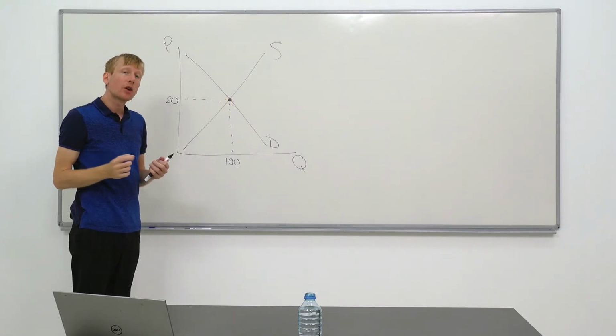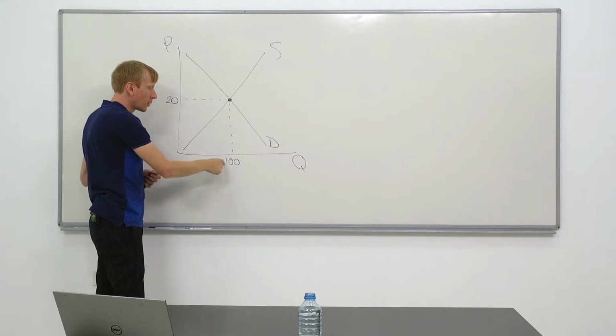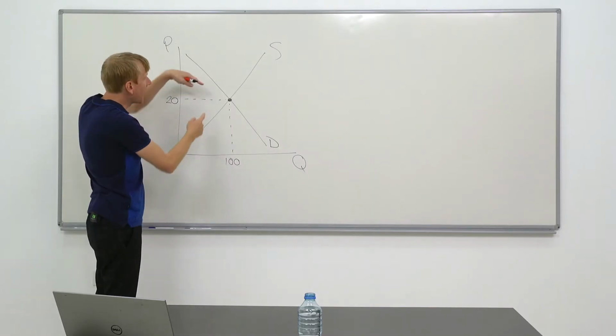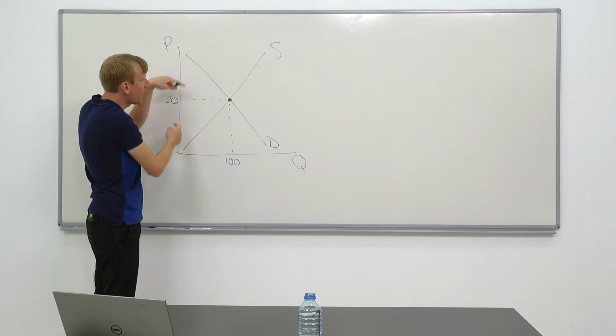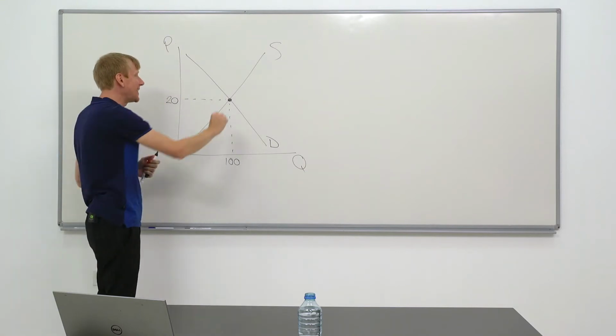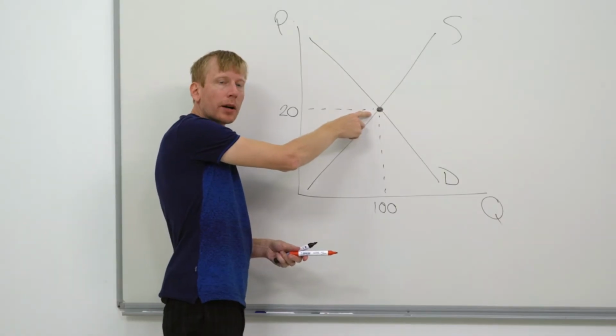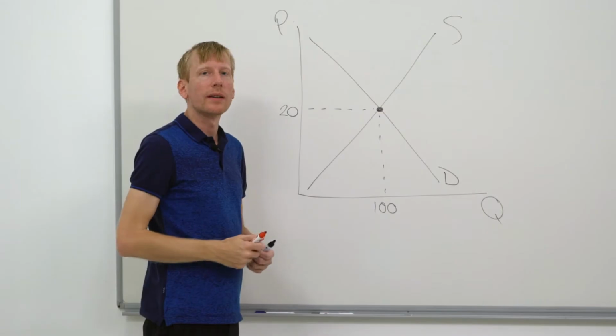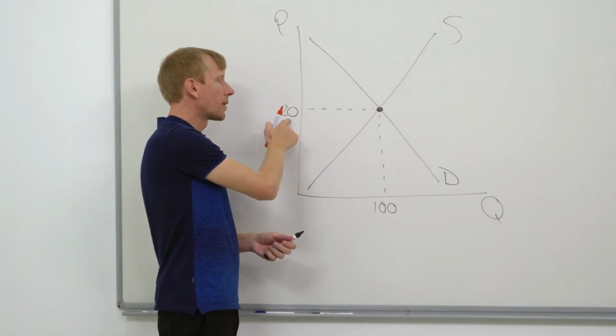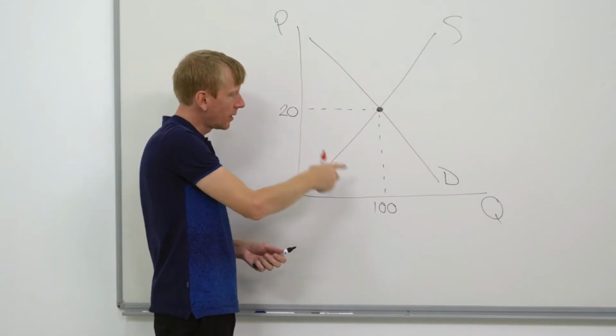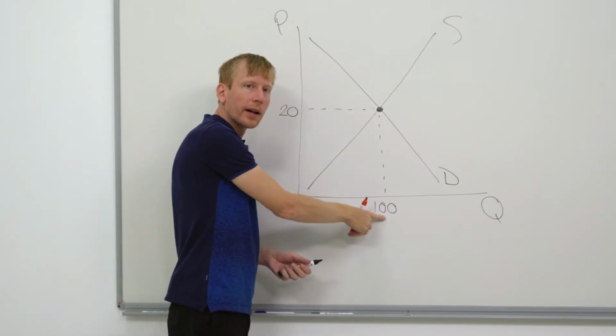So we'll need to find the quantity along the horizontal axis where the gap between demand and supply is equal to exactly 10. And that will be just about right here. So right here will be our market equilibrium price and quantity combination with a market equilibrium price of 20, a market equilibrium quantity of 100.